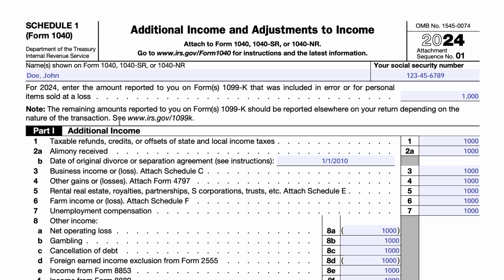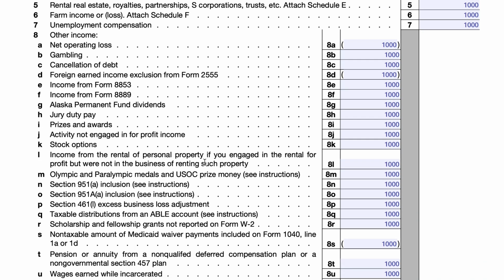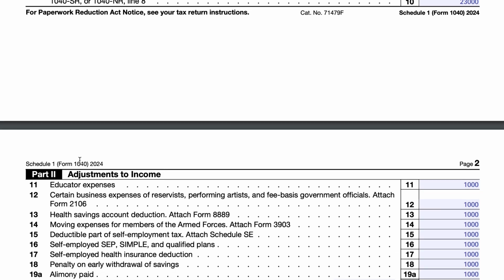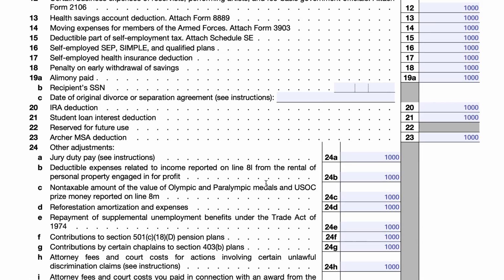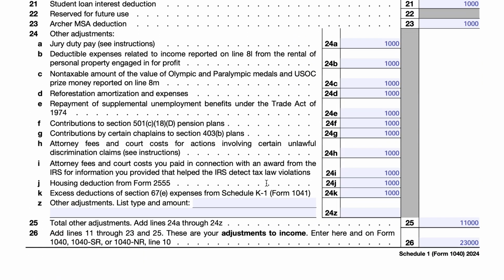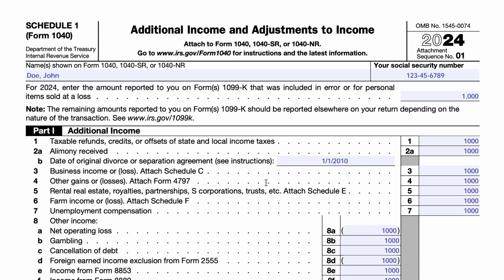There's the additional income, which represents the increase in taxes. And then part two is the adjustments to income, which lowers your gross income or adjusted gross income, known as AGI. So let's go ahead and start with the section at the very top of the form above part one.